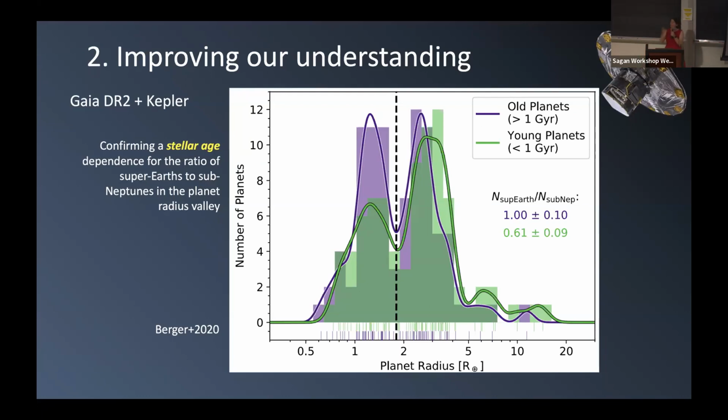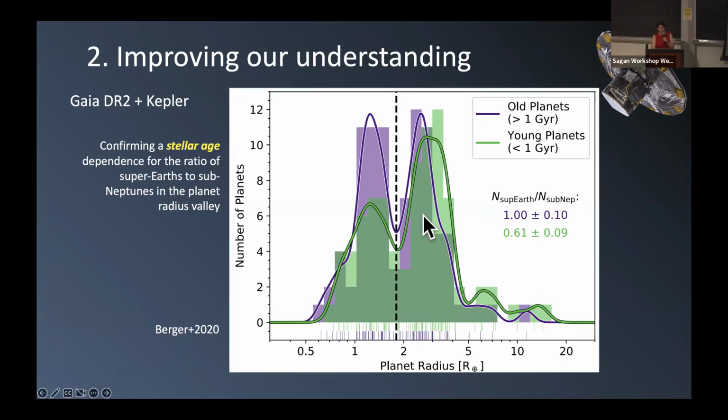So he was able to better characterize the ages because he had better stellar parameters. And what he was able to see was that this planet radius valley looks different at different ages. So the green, if you're not colorblind, I'm sorry, the green is young planets, so stars that were found to be less than a gig-year old, less than 1 billion years old. And you can see that the peaks are at different places.